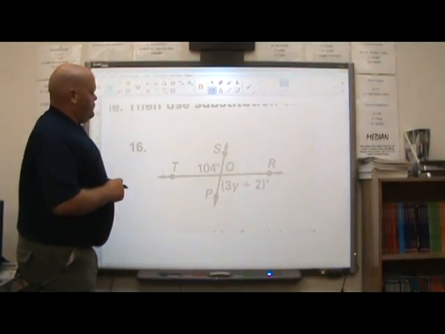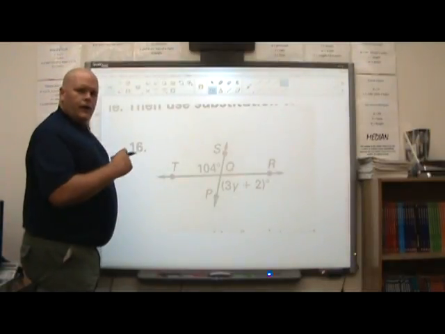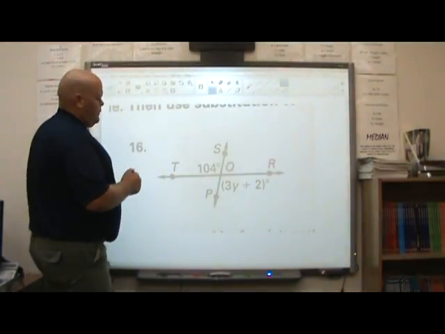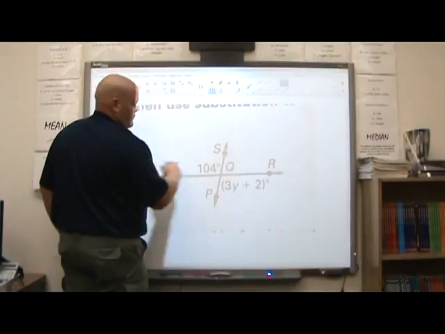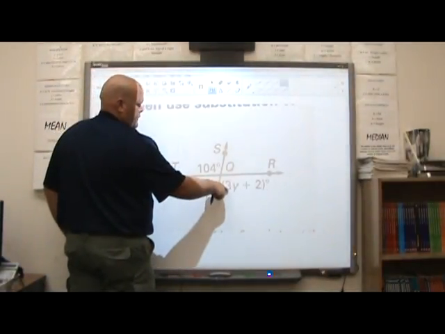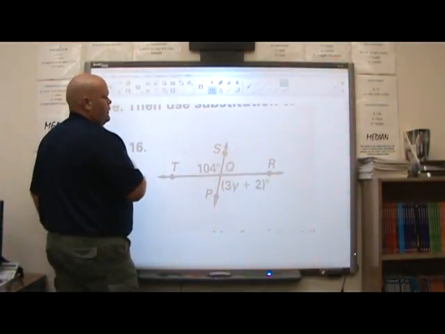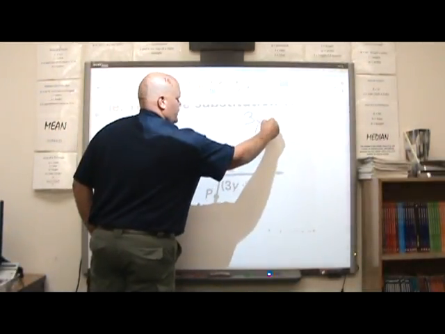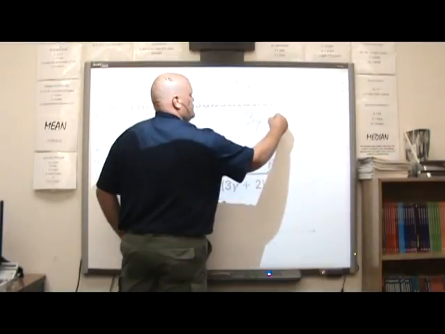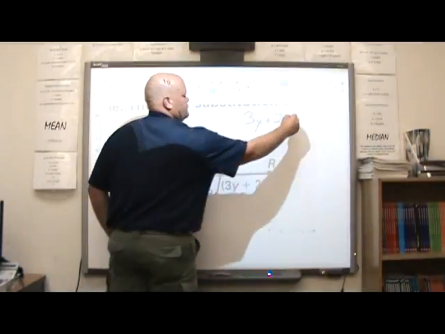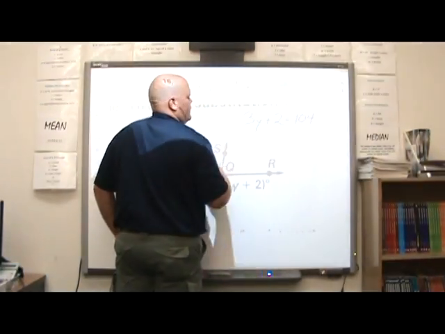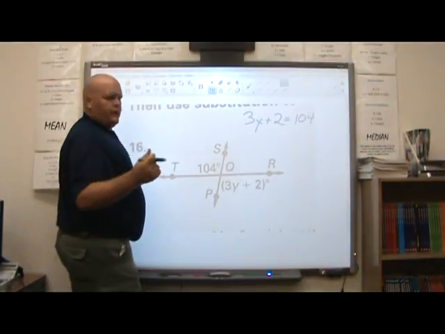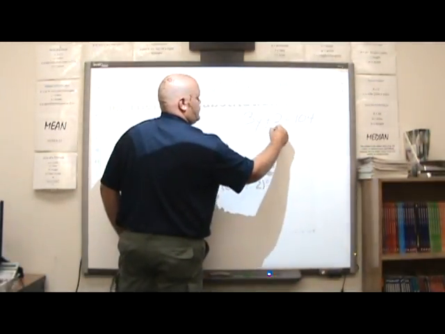Now we're going to step into the next level of algebra here. So now we have vertical angles, of course. We're trying to determine if this side is indeed equal to this side. We know that they should be vertical angles. So 3y plus 2 is going to equal 104. I'm going to isolate the variable, get the letter by itself. So first I need to subtract 2 from both sides.